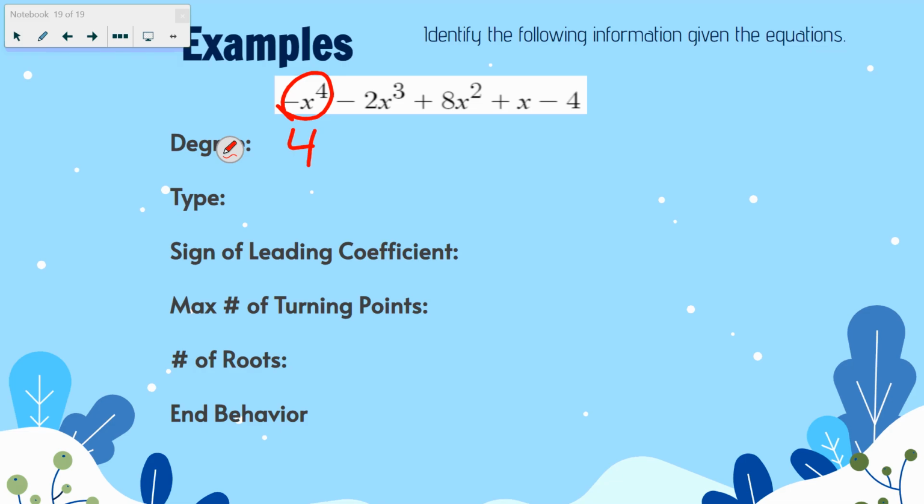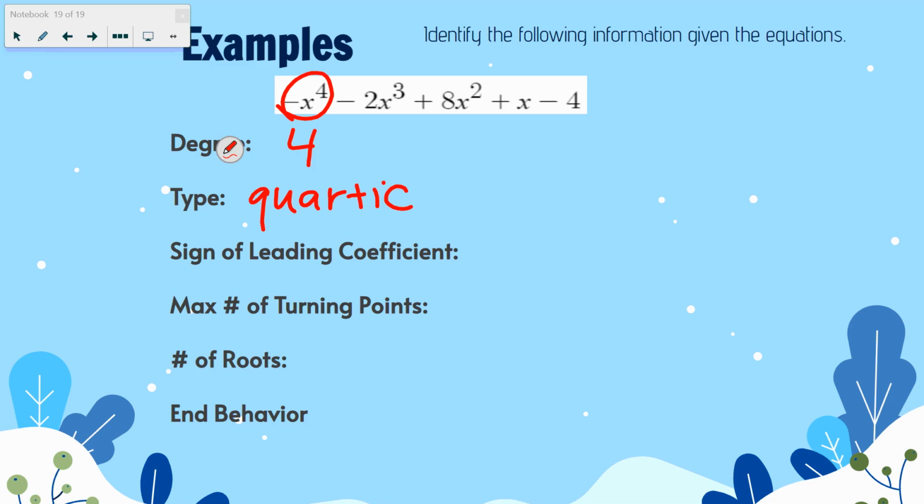So if I know my degree is 4, what type of function is this? What do you call a function if the degree is 4? Quartic, good job. You get all of your information really from this highest degree term. So what's the sign here?